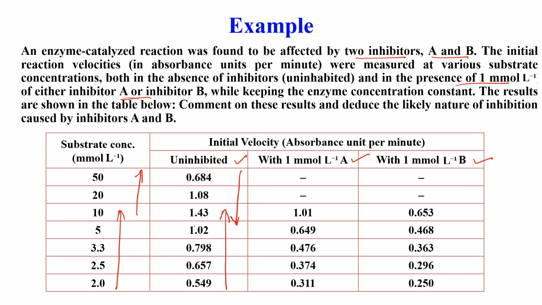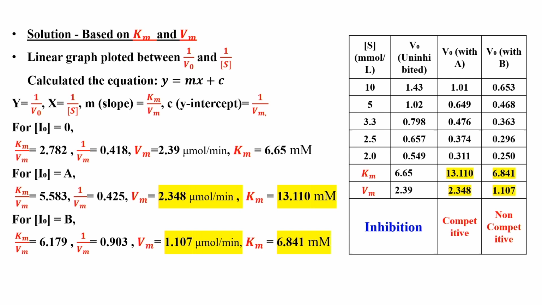It means this is a substrate inhibition, and further these two parts we have discussed in the presence of inhibitor A and inhibitor B. What we deciphered in the presence of inhibitor A and B, we calculated the value of Vmax and Km, and based on these values we commented this is competitive inhibition.